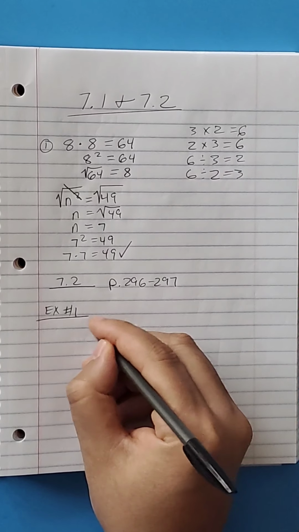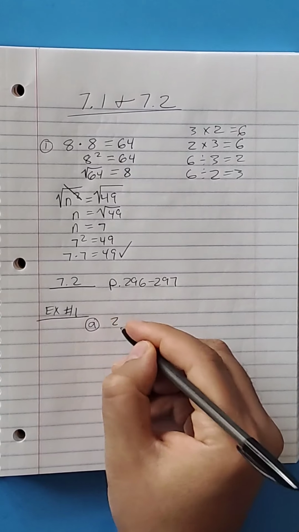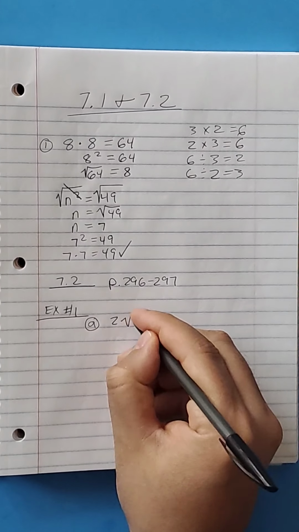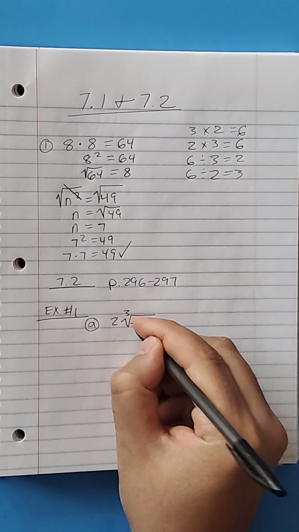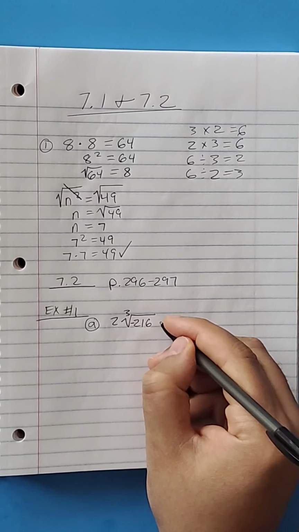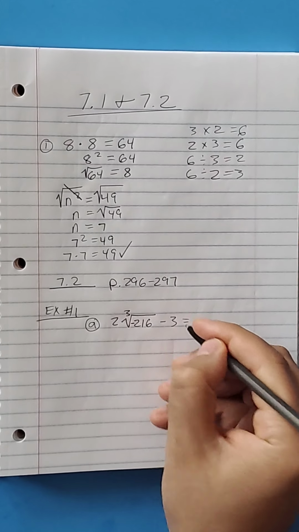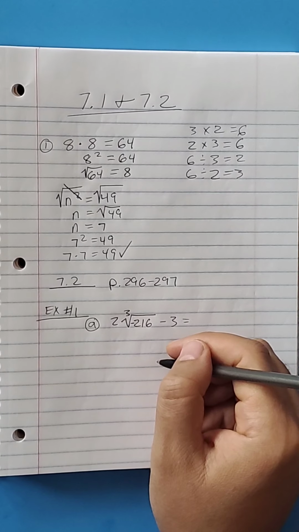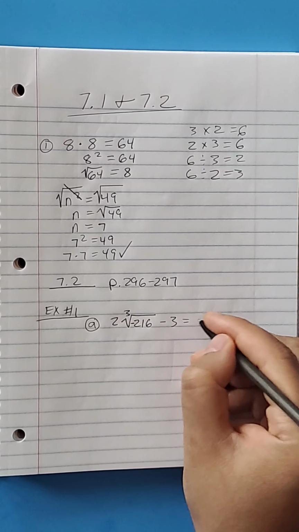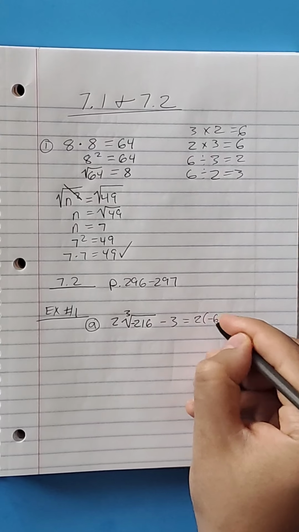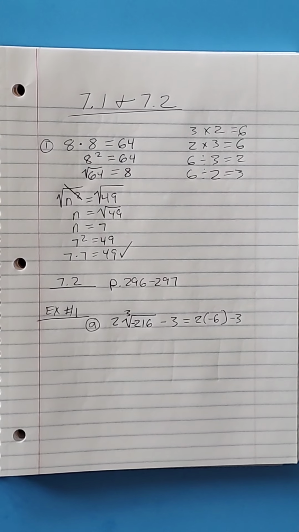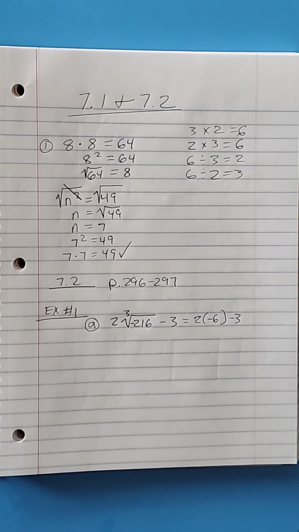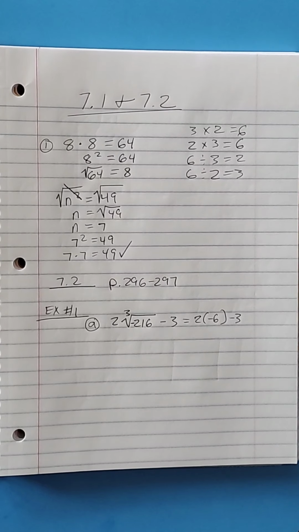The first one looks something like this: 2 times the cube root of negative 216, minus 3, equals 2 times negative 6 minus 3. And they just want you to evaluate this expression.